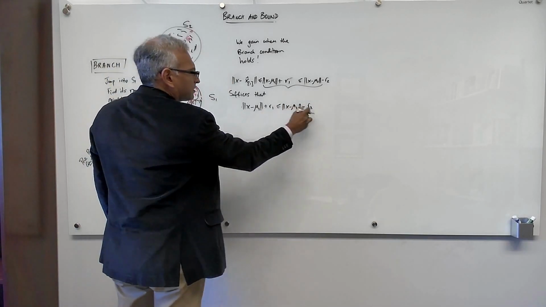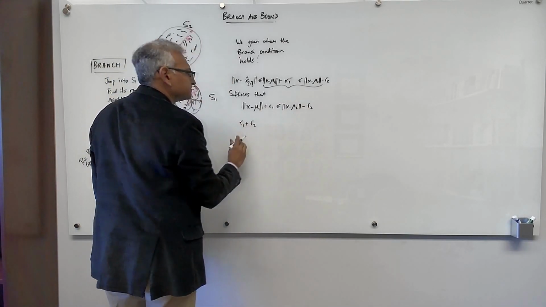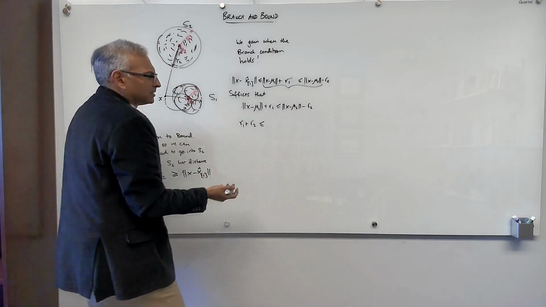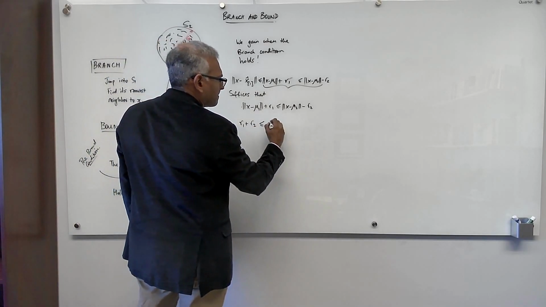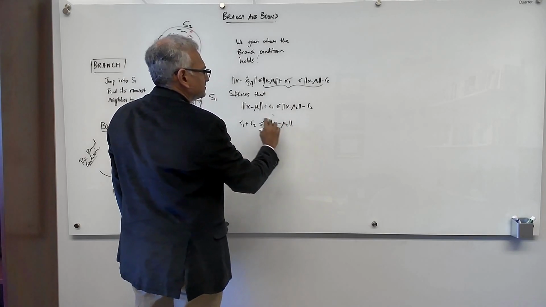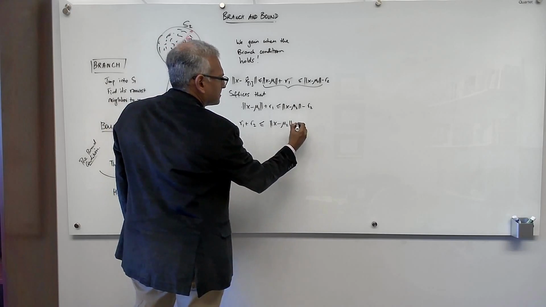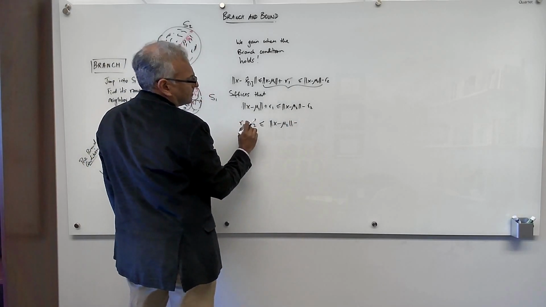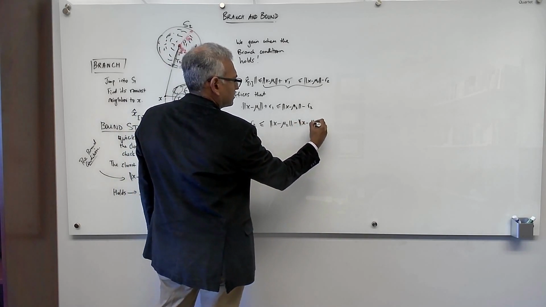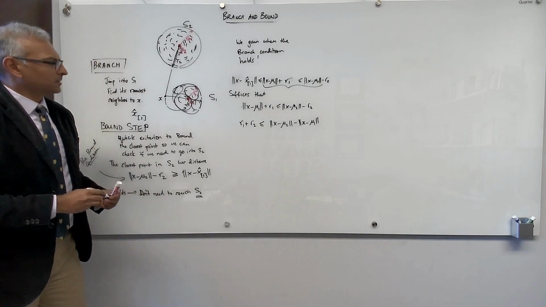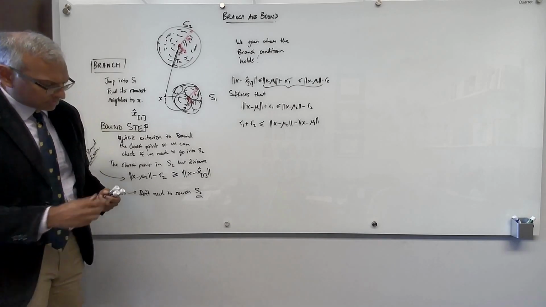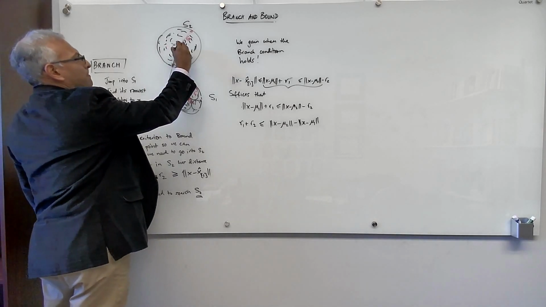Let's rearrange: r1 + r2, and we would typically like it to be much less than, so r1 + r2 ≤ ||x - μ2|| - ||x - μ1||. Now let's look at what's going on here. So this is ||x - μ2||.